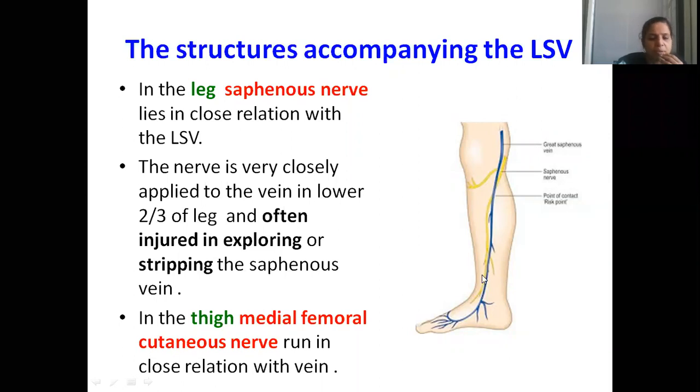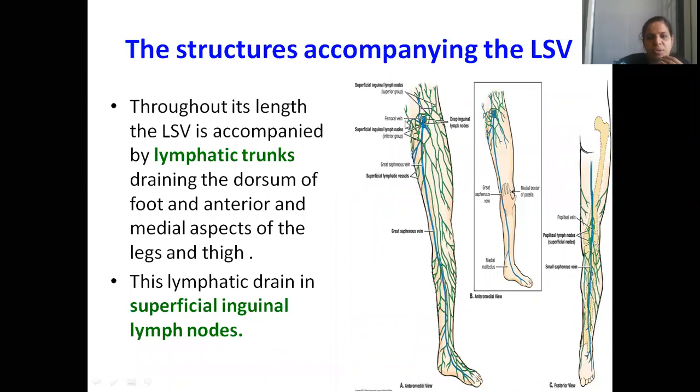So we should be careful, not to damage, otherwise cutaneous sensation will be lost. So when it moves into the thigh, it is closely running with medial femoral cutaneous nerve of the thigh. So just be careful. Like if you become surgeons in future.